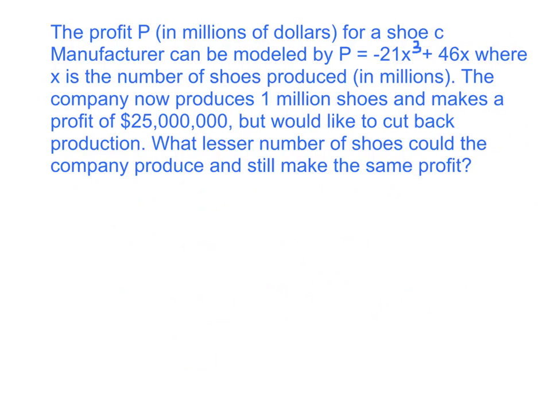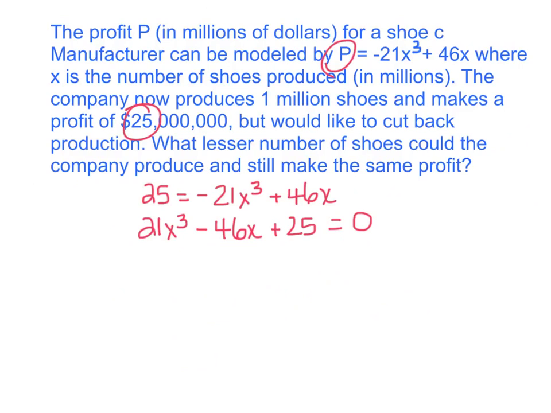Okay, I have about 30 seconds left, so I'm going to need you to pause and read this. Since profit is in millions, I'm going to substitute this 25 in for P. I'm going to set it to standard form. Since I know I have a 1, I can put in, and that 25 will give me a 0, I'm going to synthetically divide.